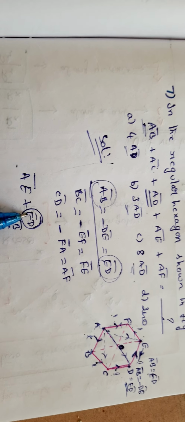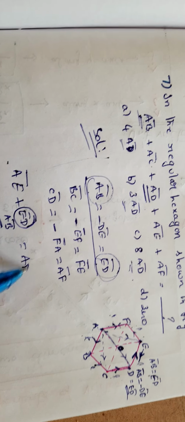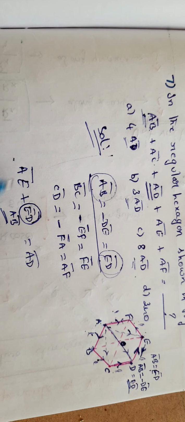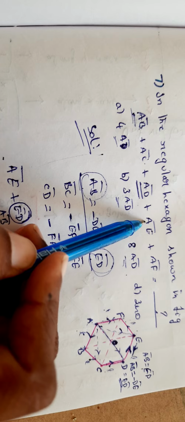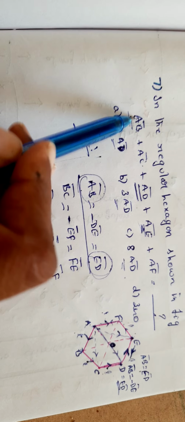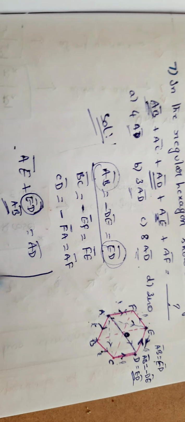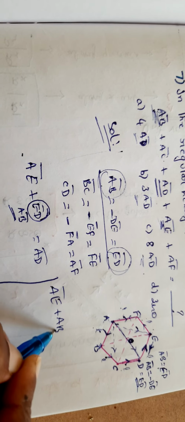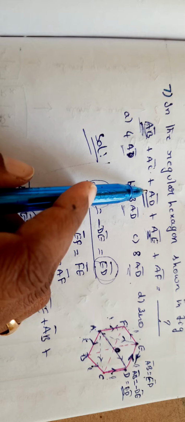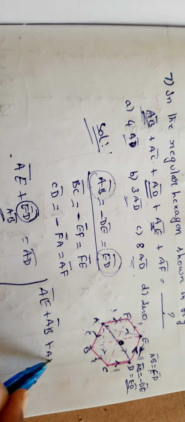AE bar plus ED bar is equal to AD bar, right? So therefore AE bar plus AB bar, so I can write AB bar plus AE bar. Now I'll write plus AD bar as it is.